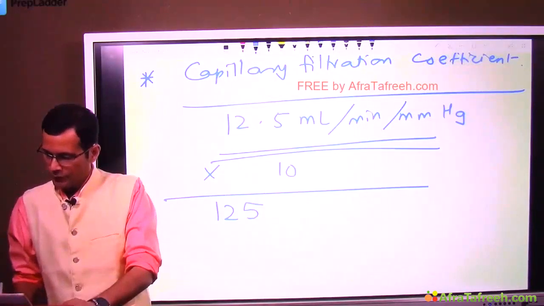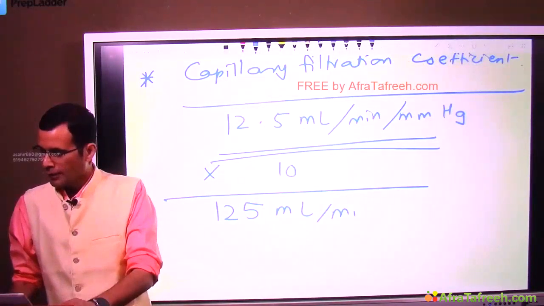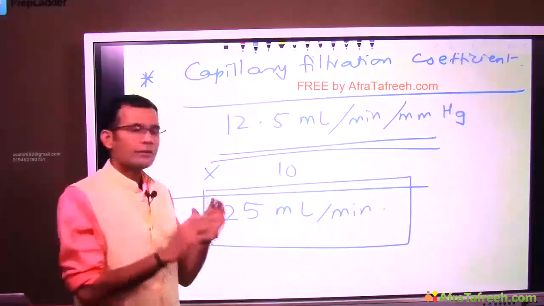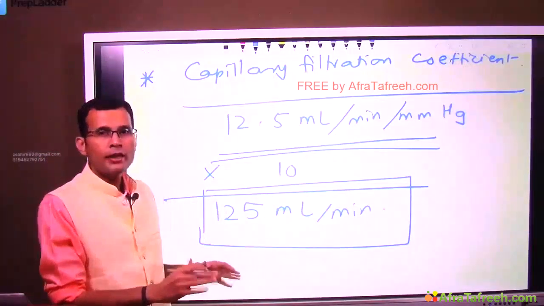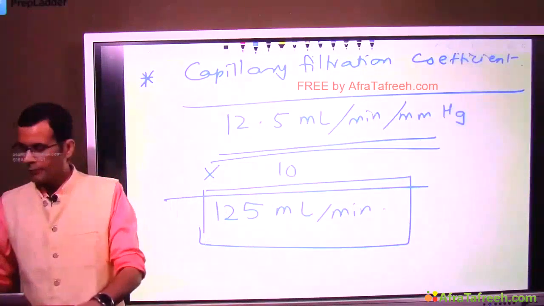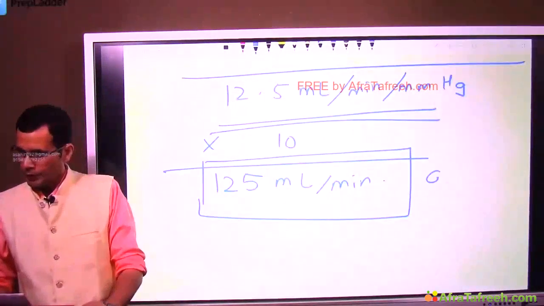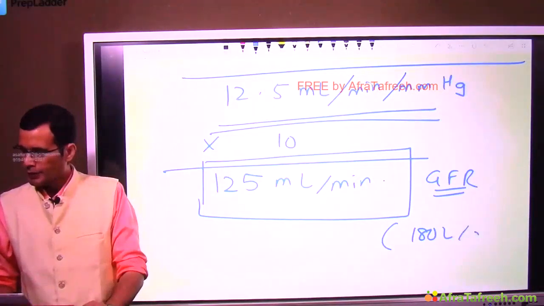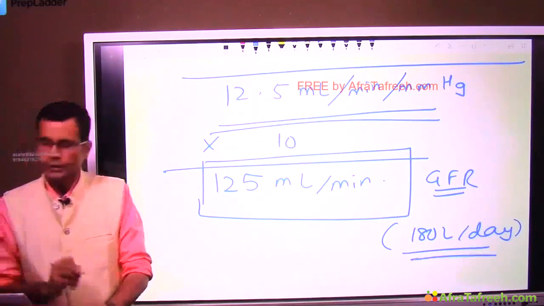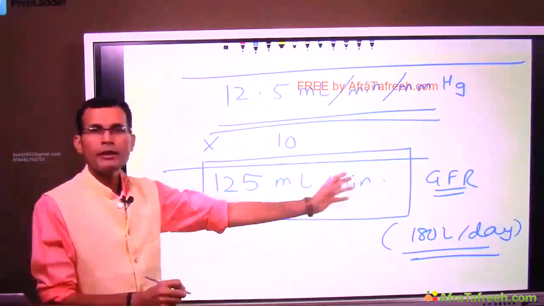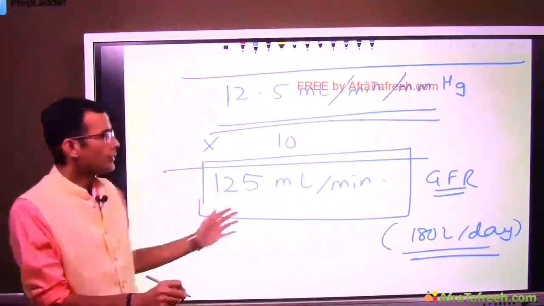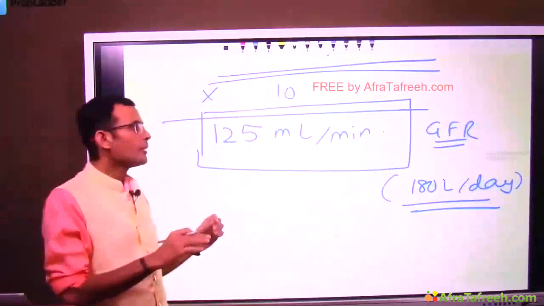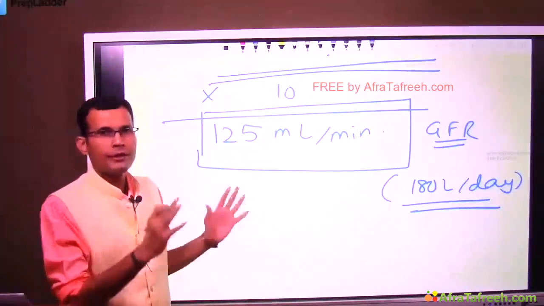And that's 125 ml per minute. That is the normal GFR, 125 ml per minute, or 180 liters per day. If we convert minute into day, I mean this is per unit time, right? So that's the normal glomerular filtration rate.